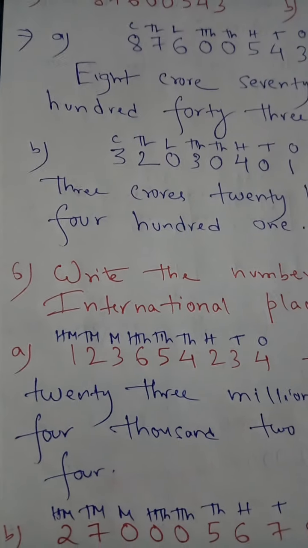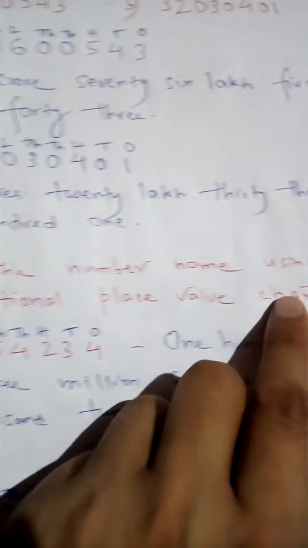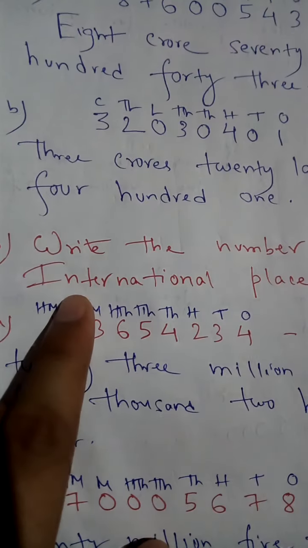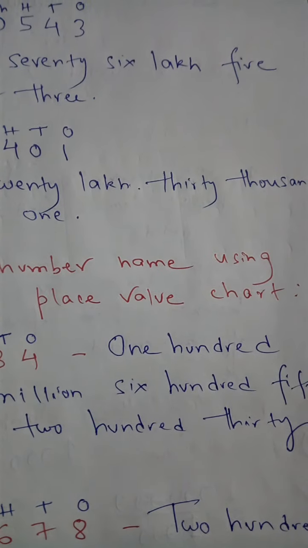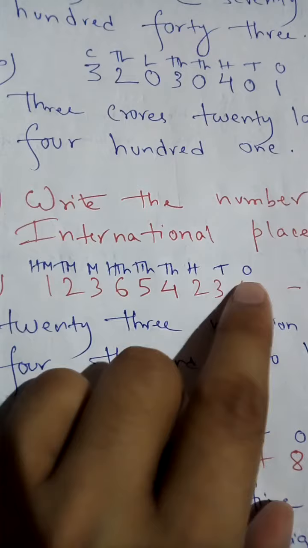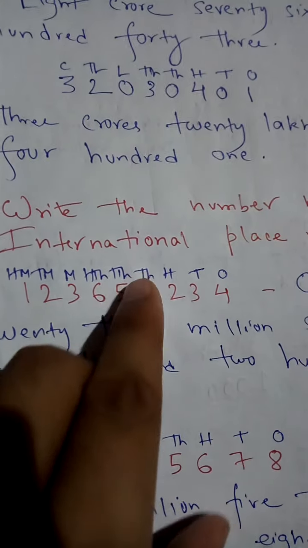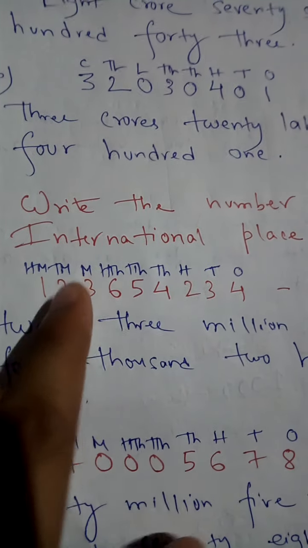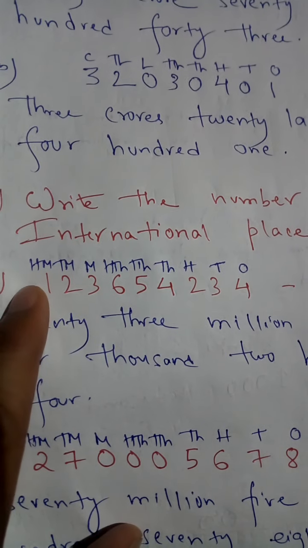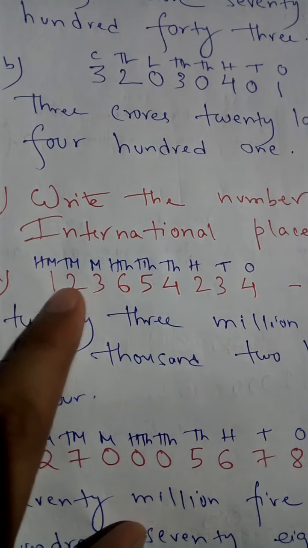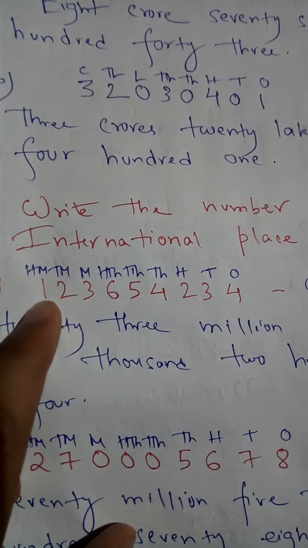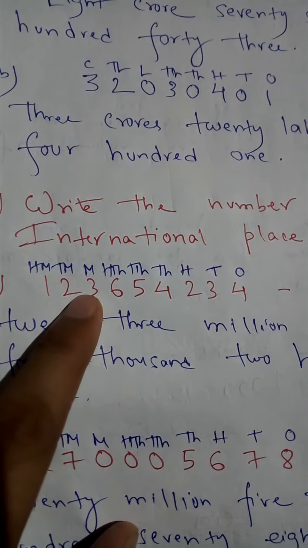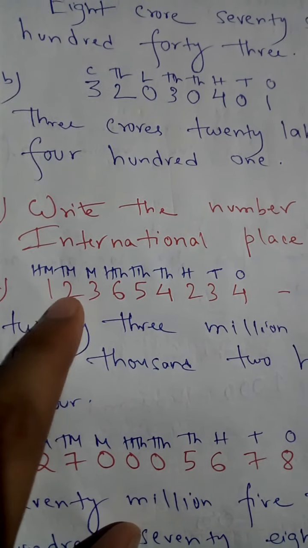Number 6 question is: write the number name using the international place value chart. The first question is this one, and at the top I have written ones, tens, 100, 1,000, 10,000, 100,000, million, 10 million, 100 million. So this is up to 100 million. As you know, million, 10 million and 100 million together come under the million group, so these 3 numbers you have to write together. This is 123 million.